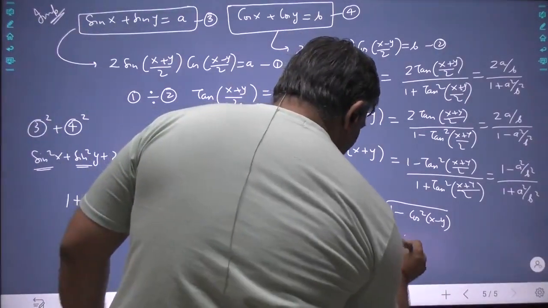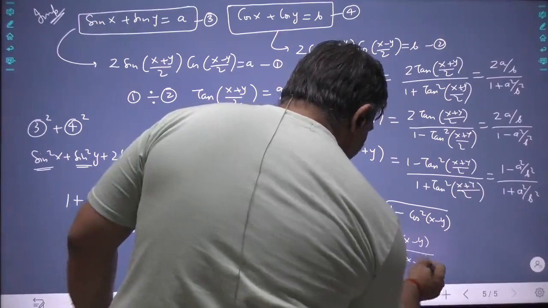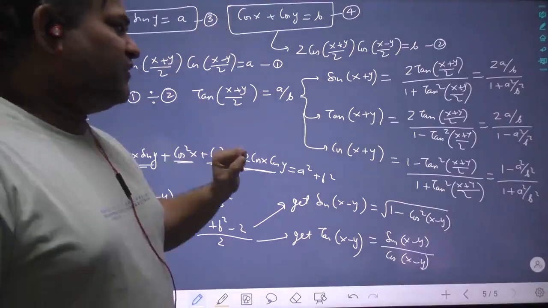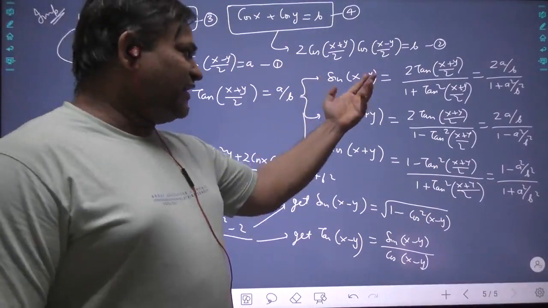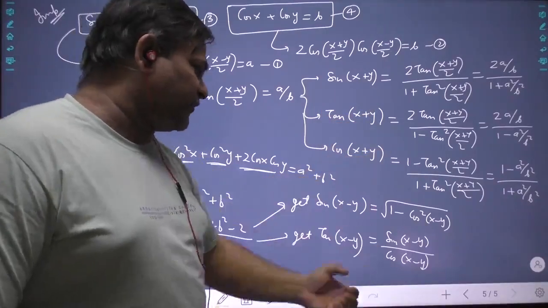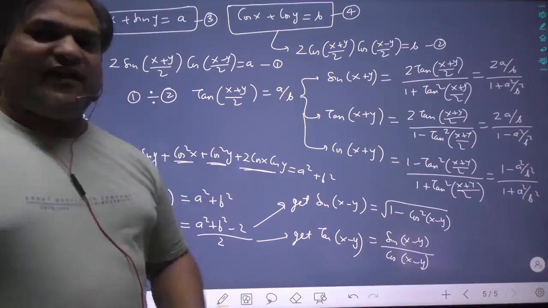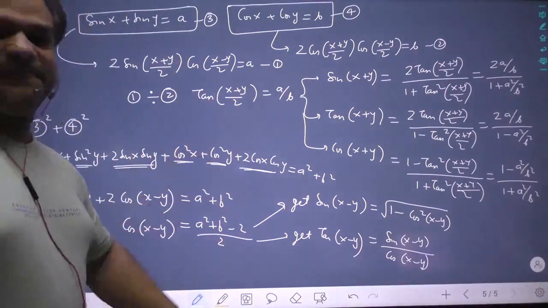Again, very simple: sin(x minus y) upon cos(x minus y). So if these two things are given, you can very easily find, using this manipulation, sin(x plus y), tan(x plus y), cos(x plus y), sin(x minus y), tan(x minus y), cos(x minus y), and also very easily tan((x plus y)/2). Please copy down.